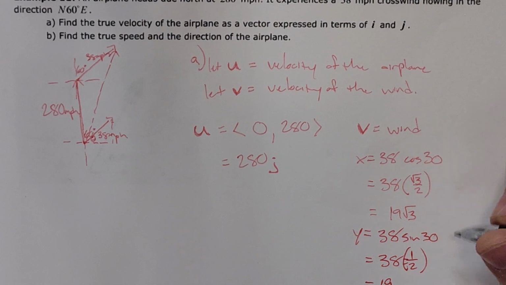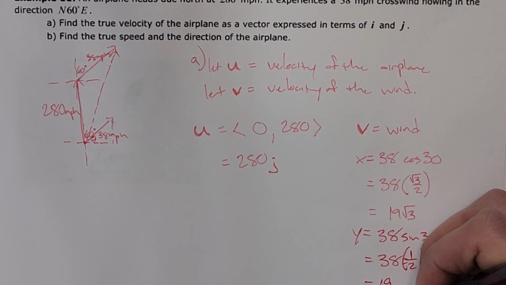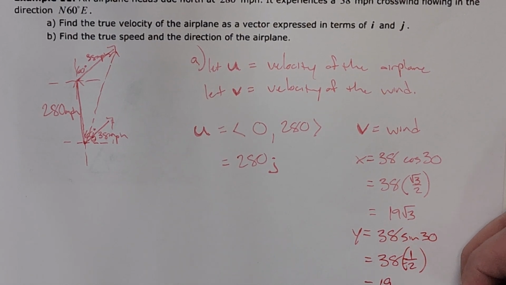And using unit vectors, this is equal to 19 root 3 i plus 19 j. And again, I'm bolding those vectors i and j.